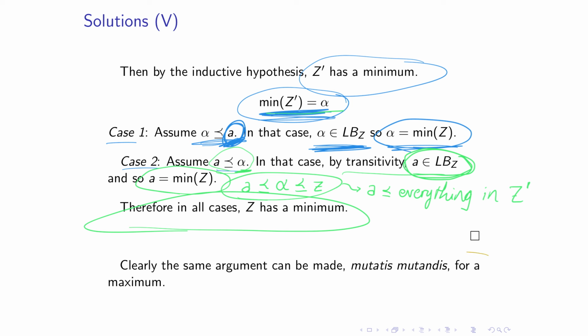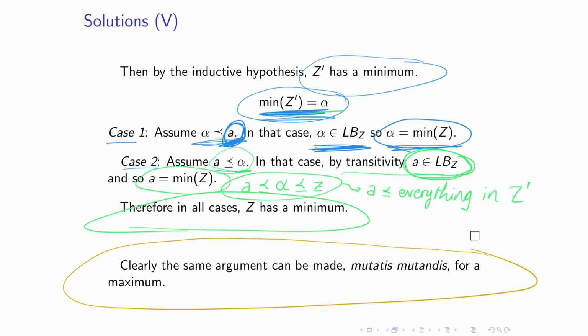Again, I'm going to just say that mutatis mutandis, the same argument can be applied to show the result for a maximum, so I won't go through that. Should be fairly clear.